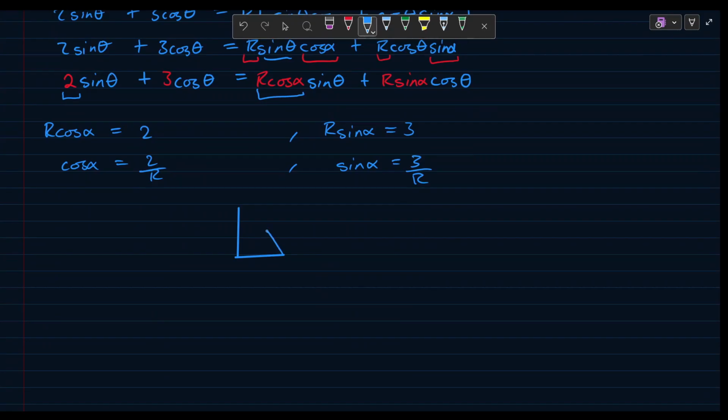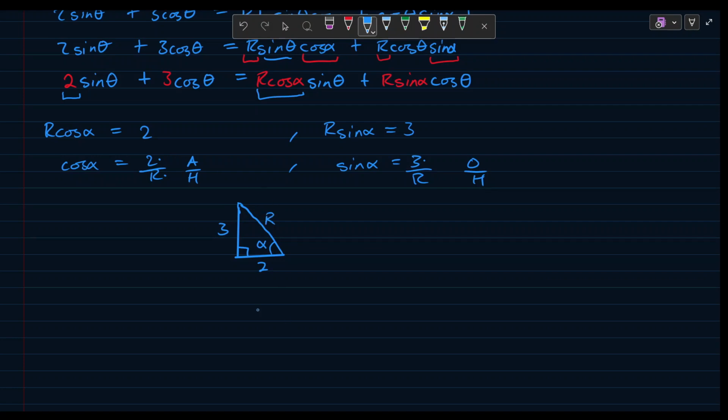So we've got a right angle triangle here, and this angle would be angle alpha. So we know that cos is adjacent over hypotenuse and sine is opposite over hypotenuse. So our opposite side is going to have a length of 3, our adjacent side has a length of 2, and our hypotenuse has a length of r.